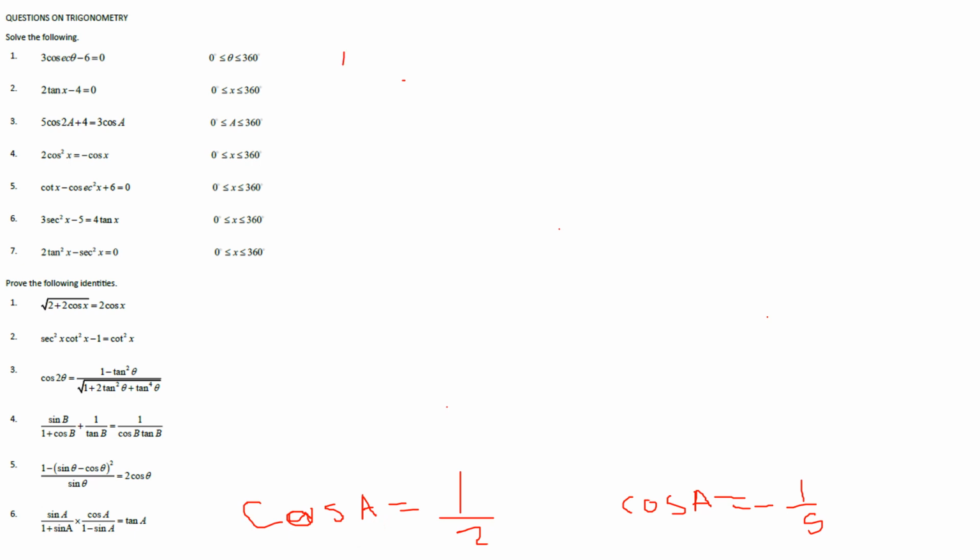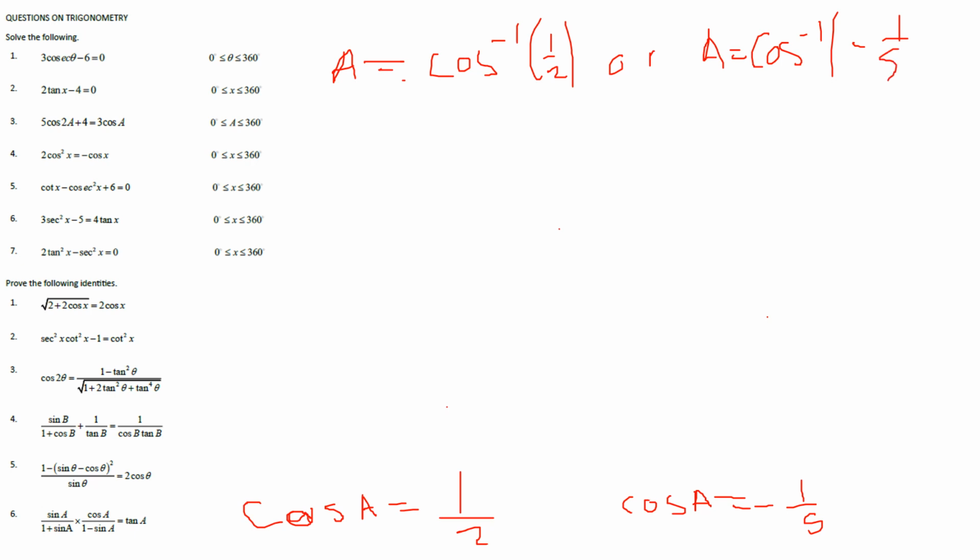So we say a is equal to the second function of cos of 1 over 2. So the value of a here will be how much? Second function cos 1 over 2 is going to be 60.